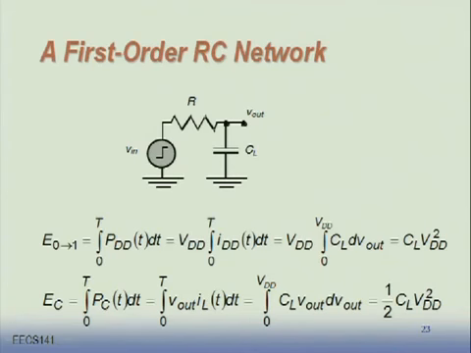The other half of the energy that is drawn from the supply gets dissipated on this resistance.